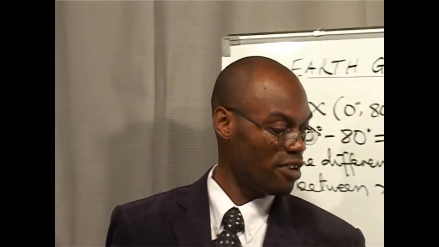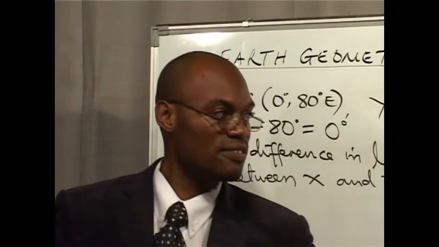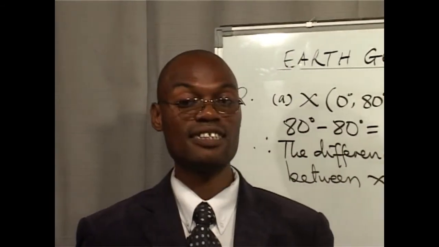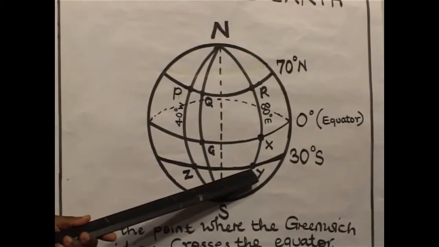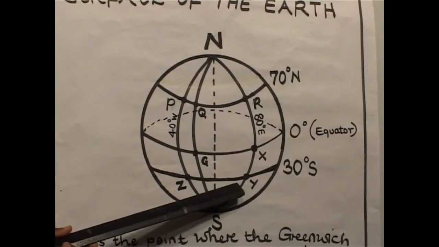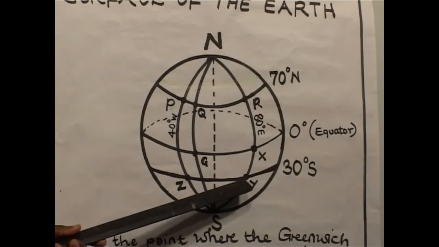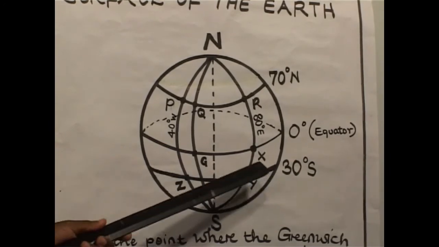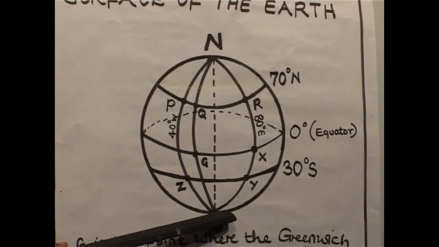Looking at part B, on the chart, as you can see, the difference between Y and Z in terms of their longitudes, we equally state their positions. Just as you can see, Y, you've already stated from the previous question in part A, the position of Y, which is 30 degrees south as well as 80 degrees east.